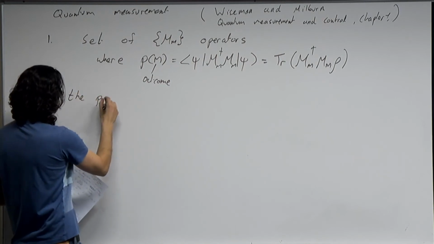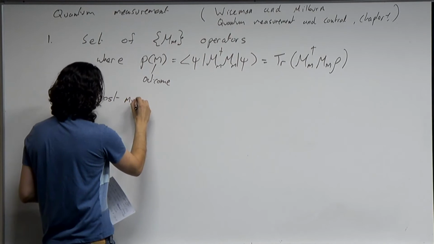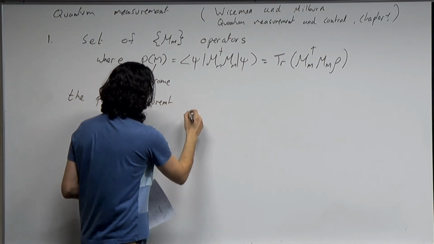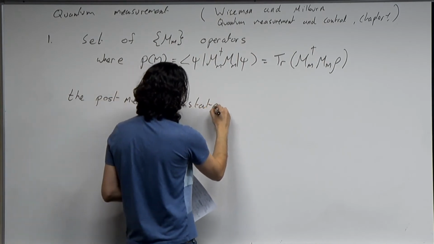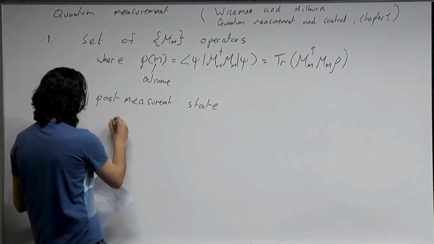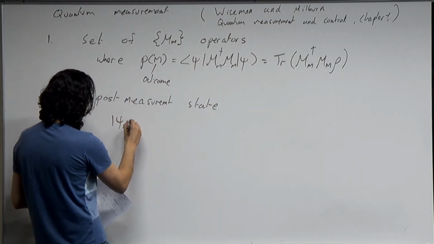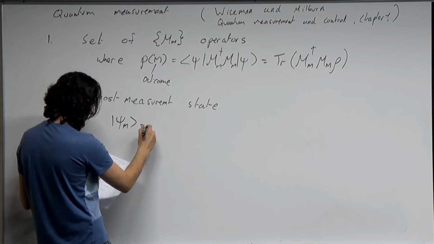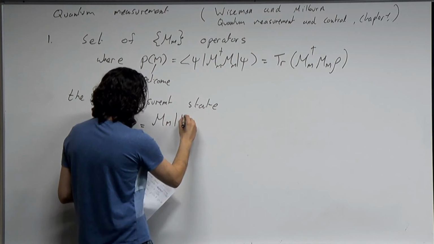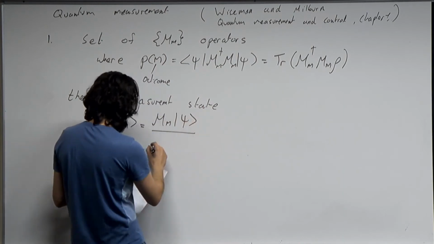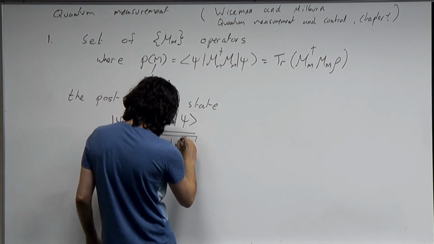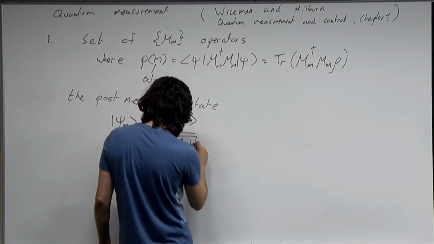The post-measurement state, so what happens to the system after the measurement, is given by psi_m, so this will be after the measurement. This is our operator M acting on psi, over the square root of psi M dagger M psi. This is just the normalization.